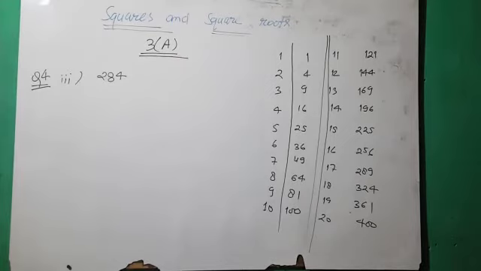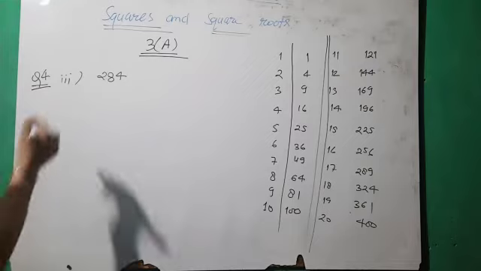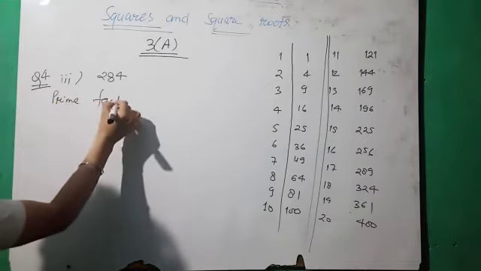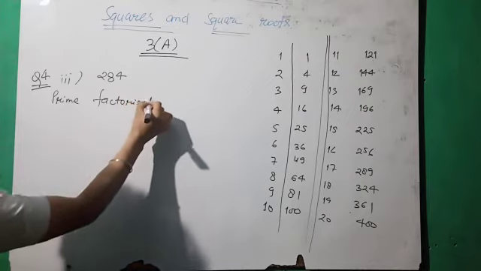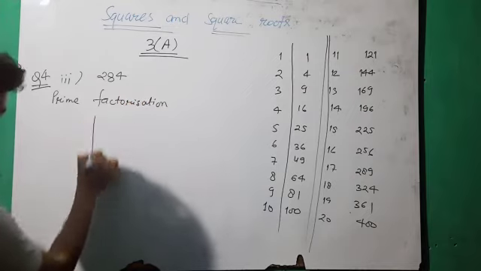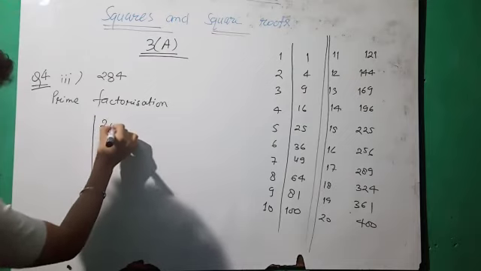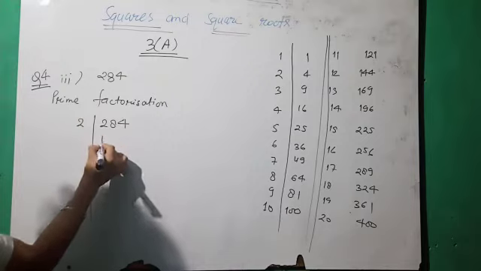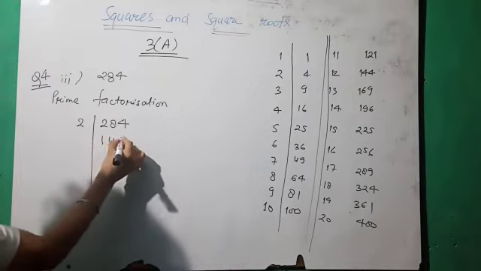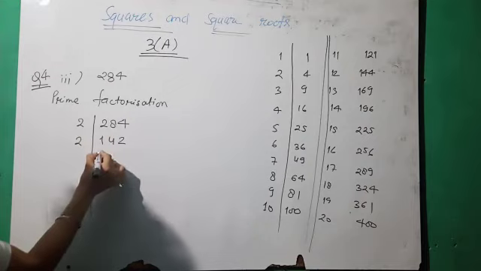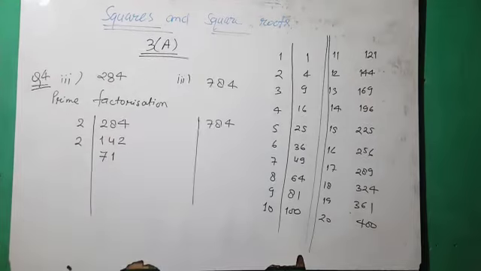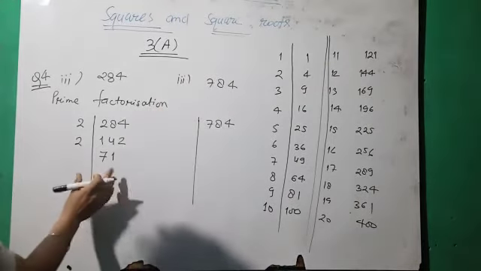Question number 4. We have to find the square root of these numbers using the prime factorization method. A very important method. For that we have to find the prime factors by dividing by 2. Then again 2 sevens are 14, 2 ones are 2. In the third part we will discuss this.